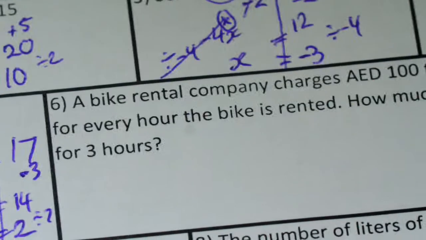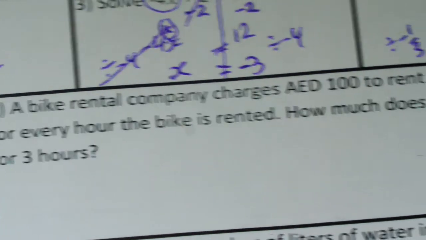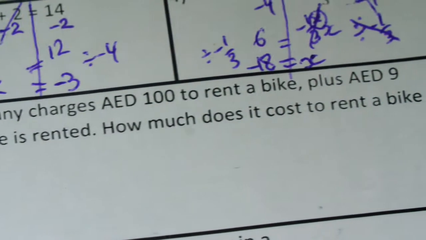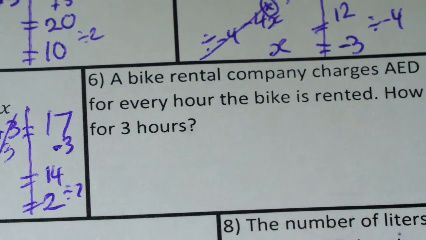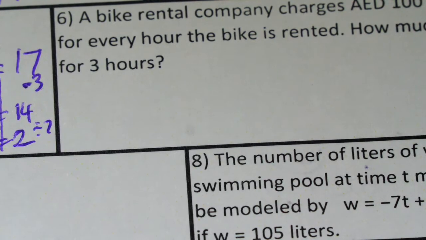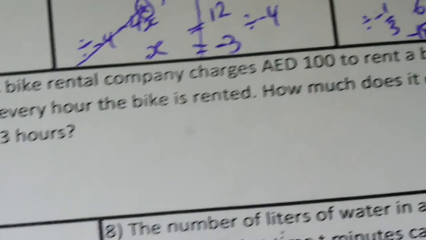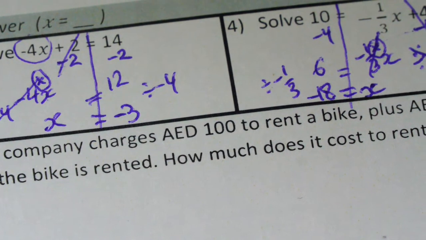Question number 6. It's a long worded question. A bike rental company charges 100 dirhams to rent a bike plus 9 dirhams for every hour the bike is rented. How much does it cost to rent a bike for 3 hours? Okay, so we're going to write an equation first.